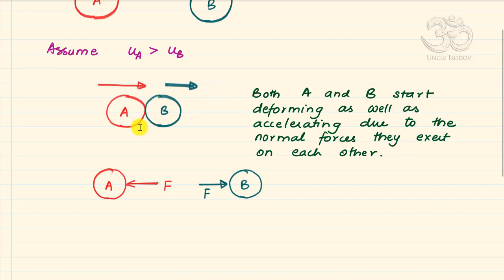This will be the case until there is a moment when both of these velocity vectors are of equal length. A was moving faster than B, so it was trying to push into B, and until A keeps on moving faster than B, it will keep on pushing into B, and because of that push, B will keep on deforming, and A will also keep on deforming.